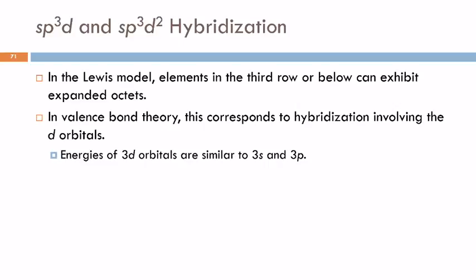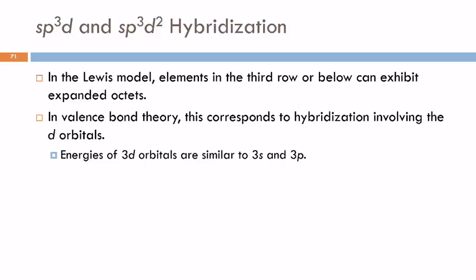But remember we talked about elements in the 3rd row, the 3rd period, can expand their octets, right? And it was a little mysterious about how that would happen. In valence bond theory, this corresponds to including d-orbitals in the hybridization. Because how could you get more than 8 electrons around an atom if there's only 4 orbitals?